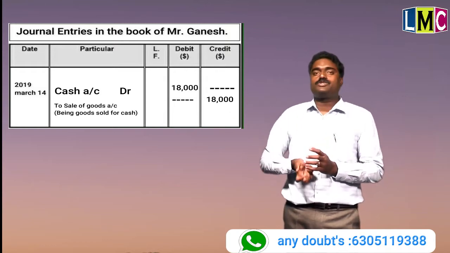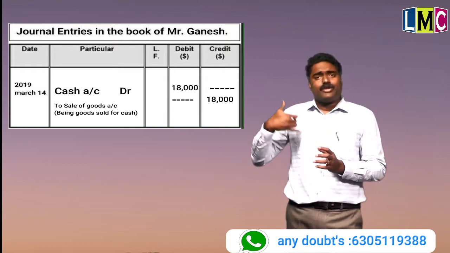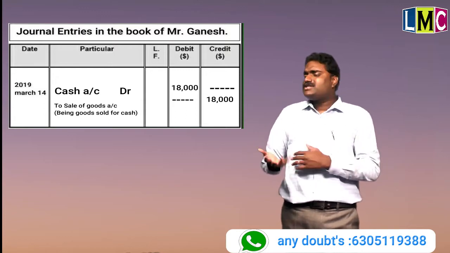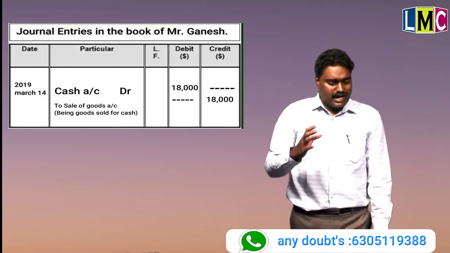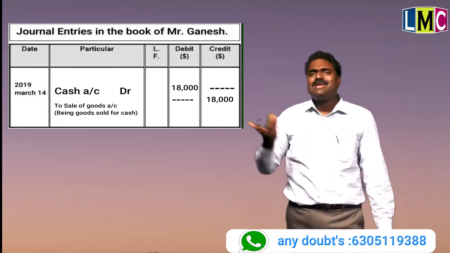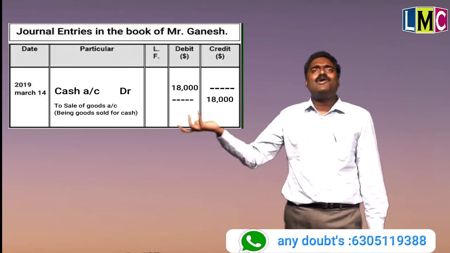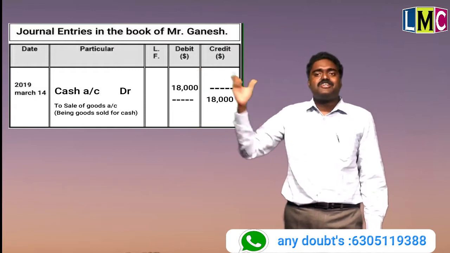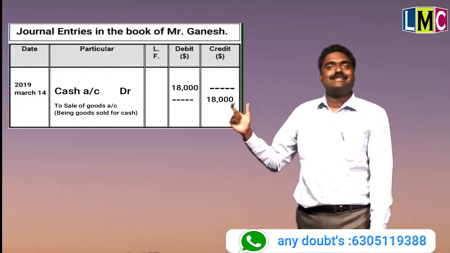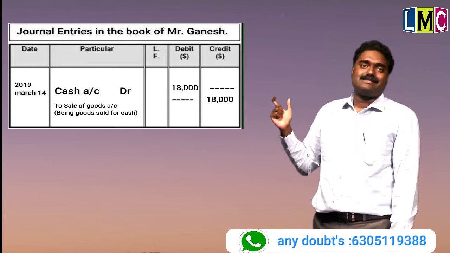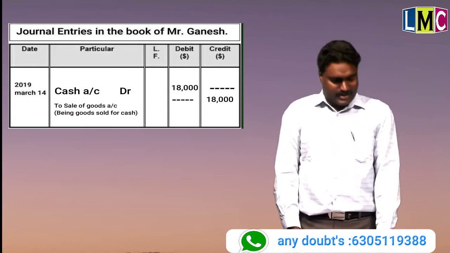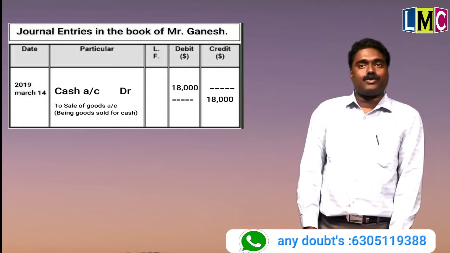Whenever you purchase goods, sell goods, or return goods, the goods are what we are doing business in. In the same way, here cash sales. So what is coming in? Cash is coming in. What is going out? Sales. So cash account debtor to sales account. Being cash sales made for rupees 18,000.